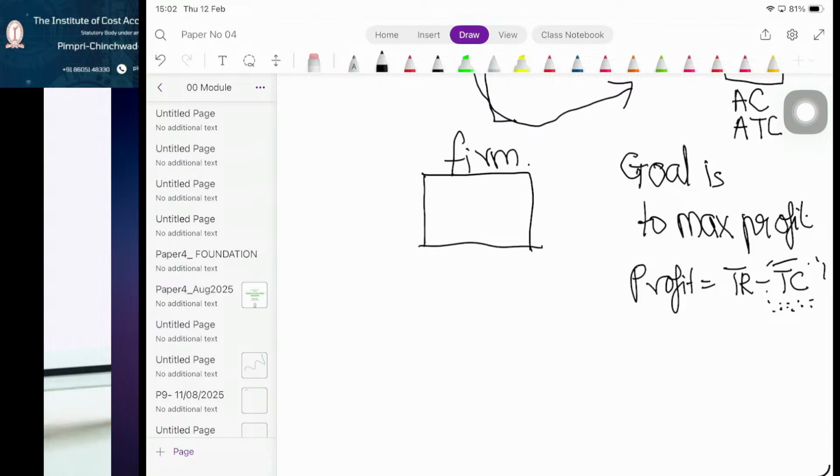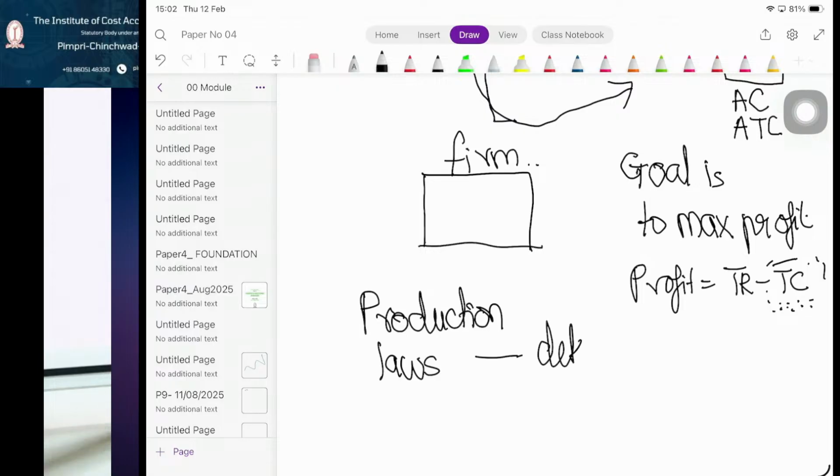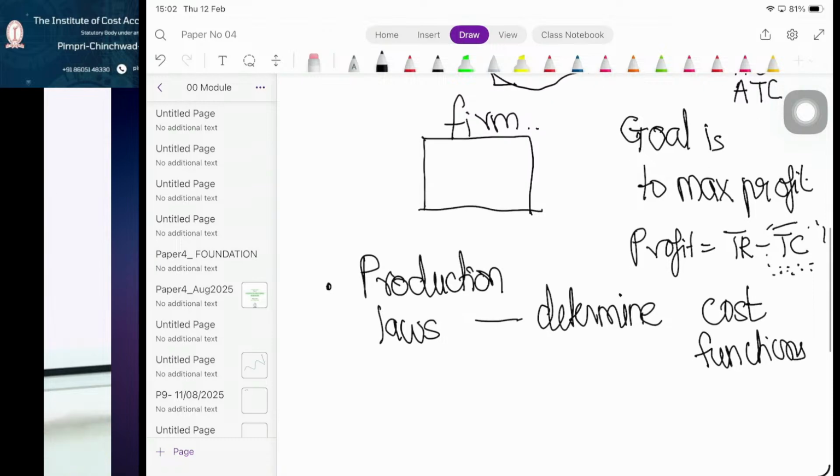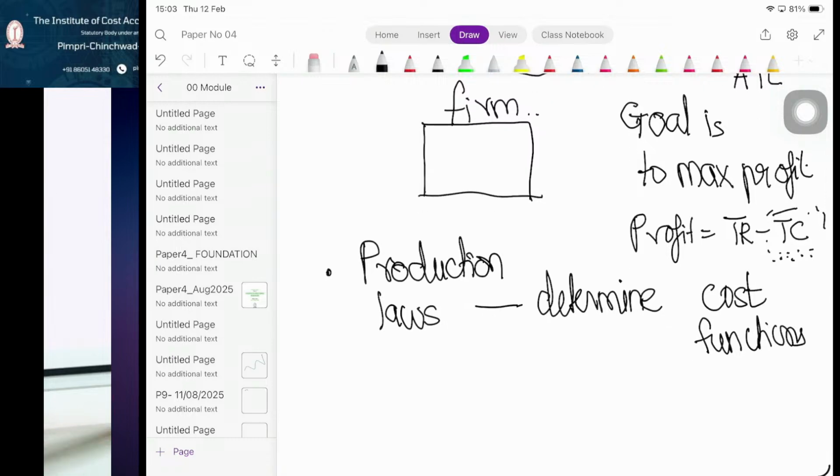We look at a firm and see how production laws determine cost functions. So this is the agenda for today's lecture, and this is a very important idea, simple but important. Have you got this? Can I proceed?